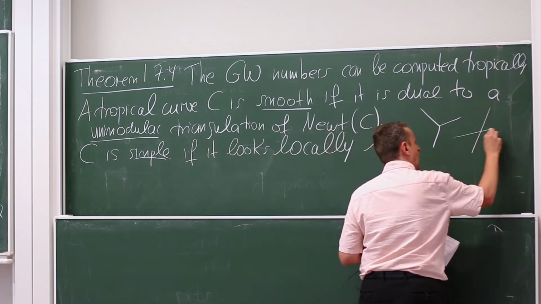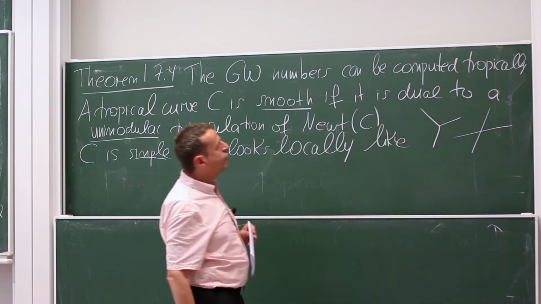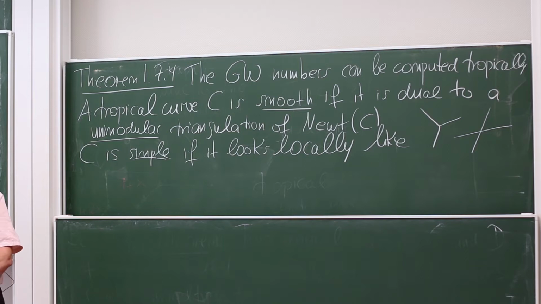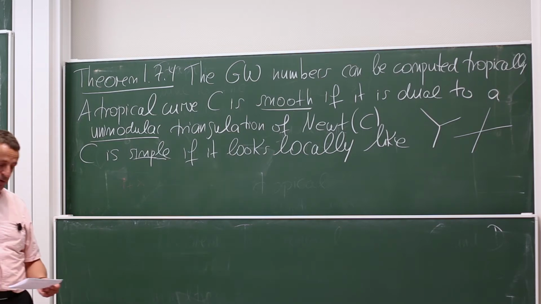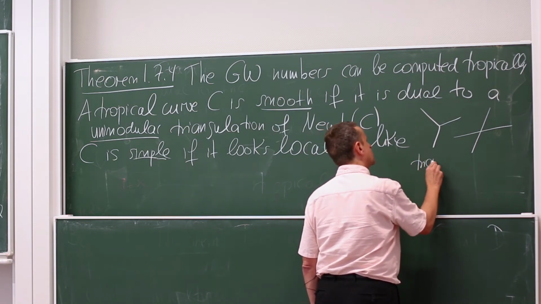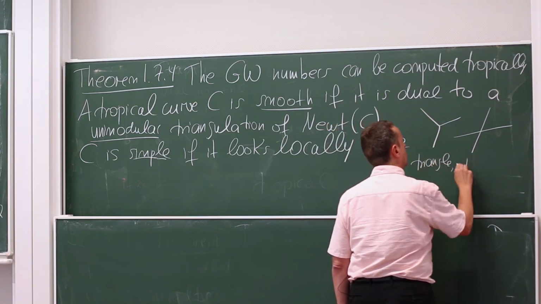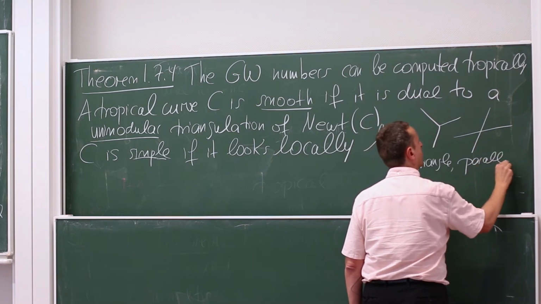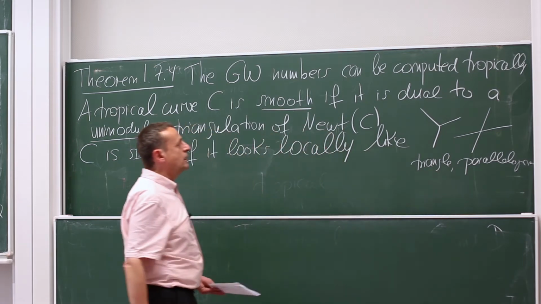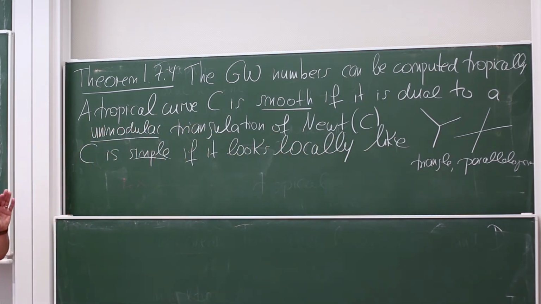And you also allow some 4-valent nodes, but they're only allowed like this. You really have locally 2 segments intersecting in a straight fashion, right? So dually in the triangulation, this corresponds to a triangle, and this corresponds to a parallelogram. So if you see in your subdivision only triangles and only parallelograms, then we're going to say it's a simple curve, and then these are the local features in the curve.